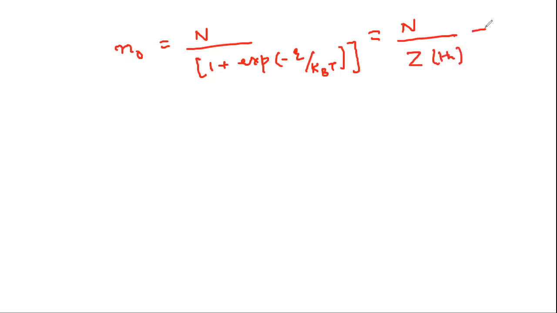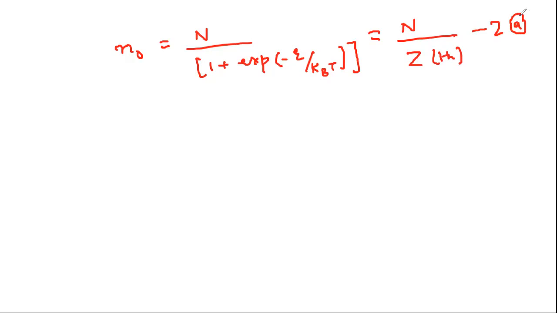We named this equation 2a. This is the distribution number pertaining to the ground state, where kB is the Boltzmann constant.